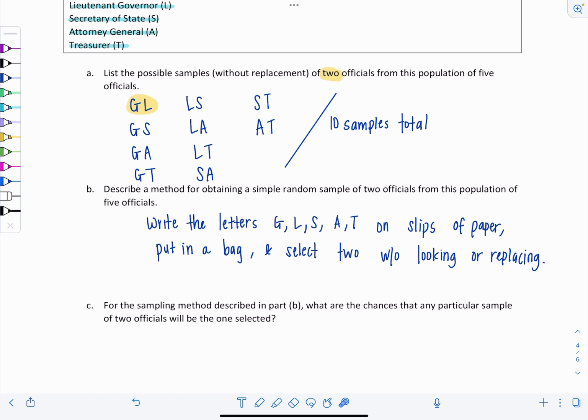Well, we made a simple random sample. So every single sample here should be equally likely to be selected. It should have an equal chance of being selected. So if there's 10 samples total, the chance that we pick one of them would be 1 out of 10.